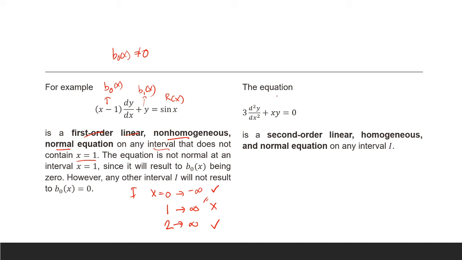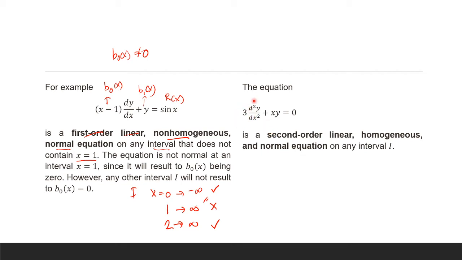Another example, we have 3 d squared y over dx squared plus xy is equal to 0. So, ang kailangan lang natin tingnan is yung ating b sub 0 of x. And ang b sub 0 of x natin dito is 3. Now, is there any value of x na kapag sinubstitute mo ay magsi-0 yung 3?